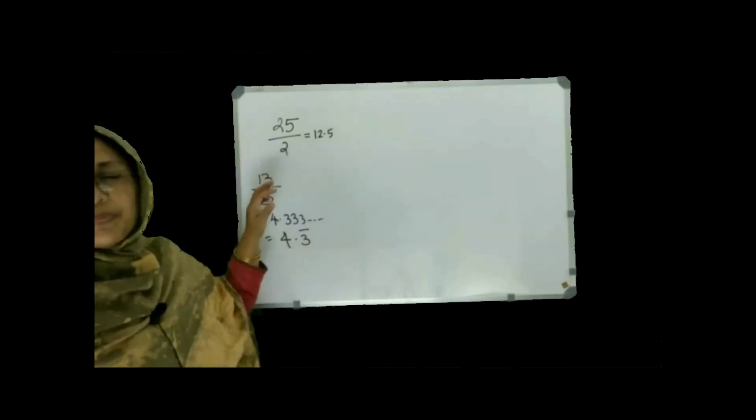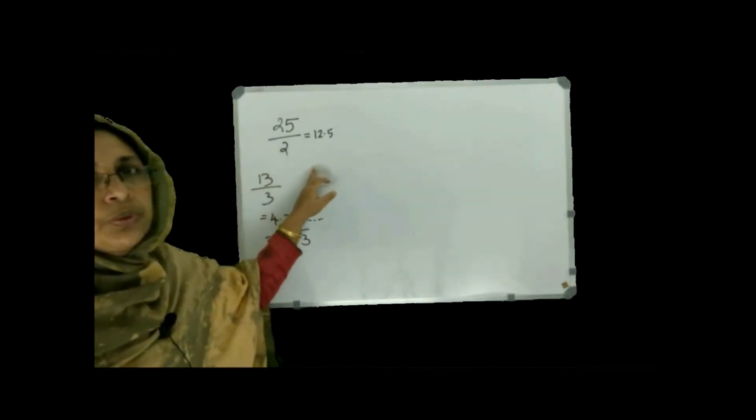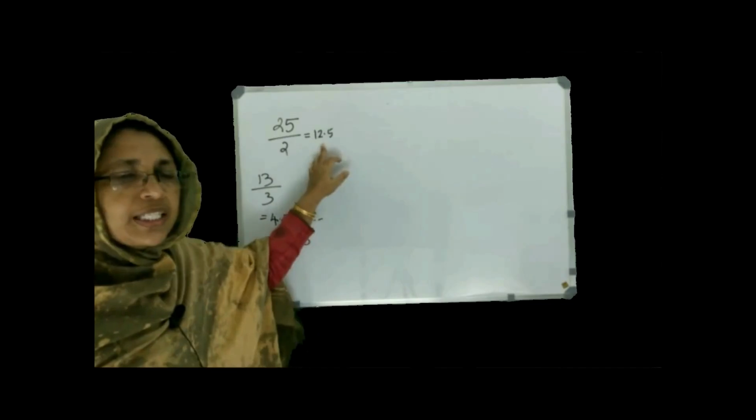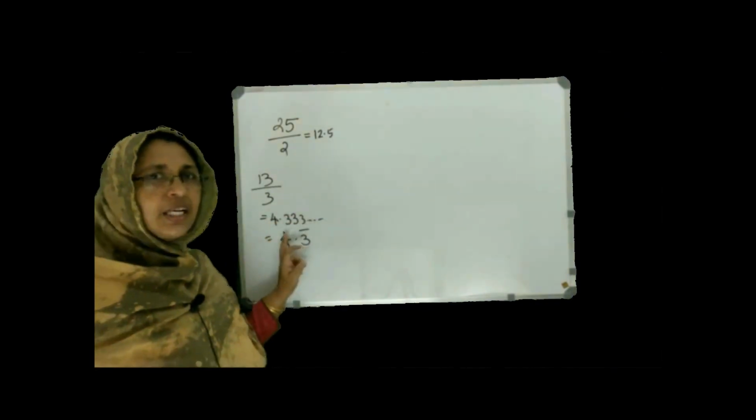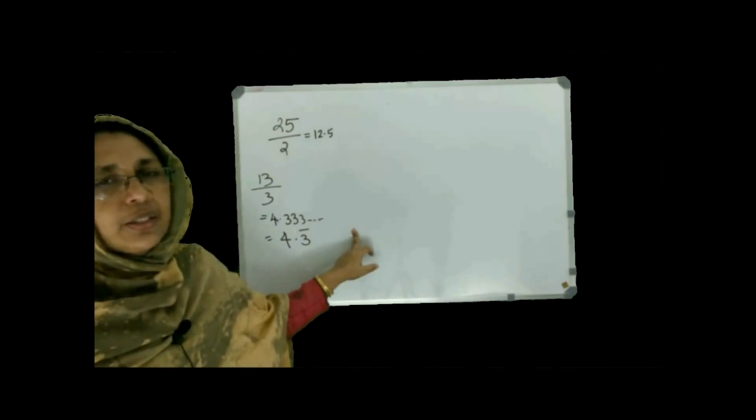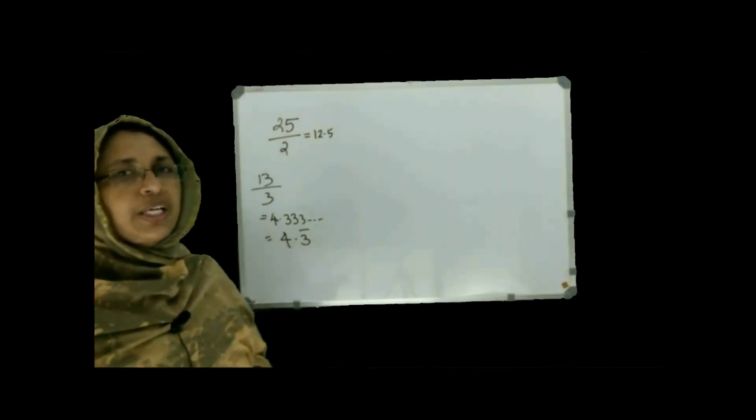In this, 25 divided by 2 equal to 12.5, and the decimal is ending. Second, 13 divided by 3 equal to 4.333 etc., that is not decimal ending. So rational numbers can be divided into two types.